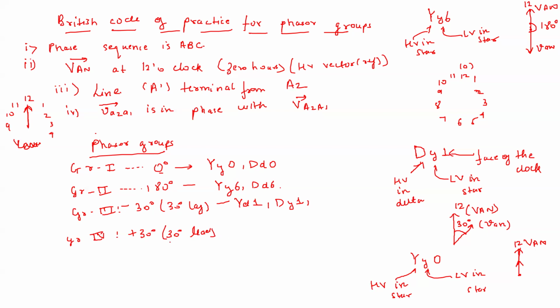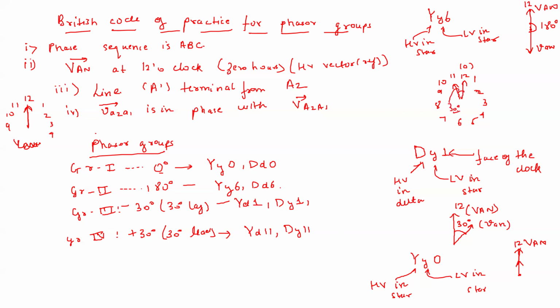So when I'm saying this is 30 degrees leading, the secondary one is 30 degrees leading. So it means YD11, DY11. Because in that condition, it will be on 11 o'clock. So it will be 30 degrees leading.